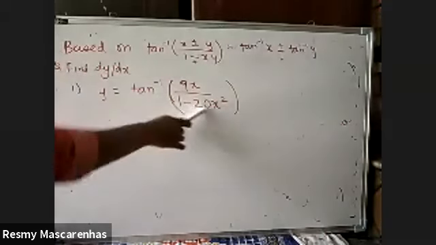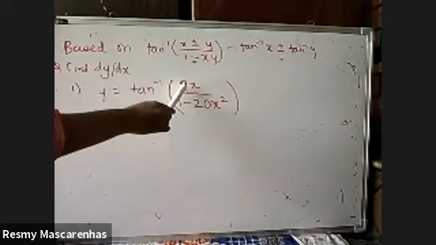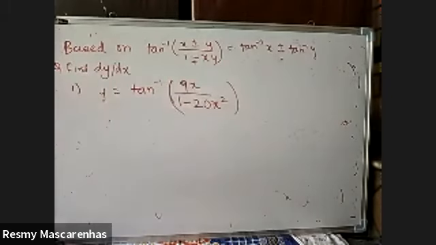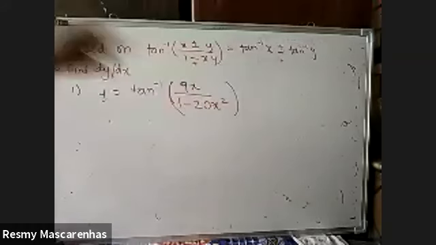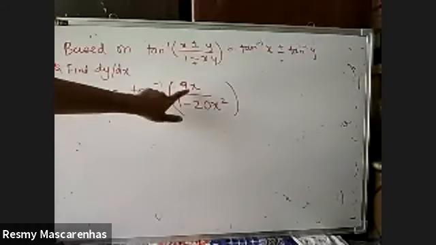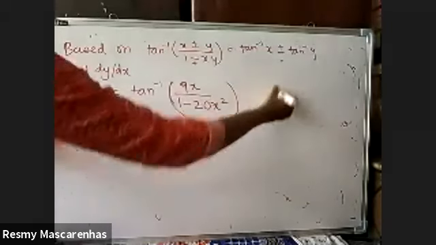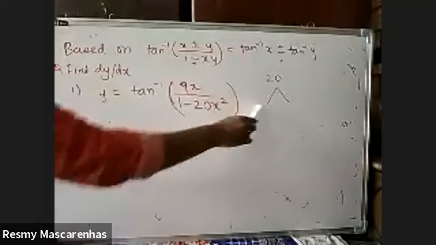Whenever there are some numbers included, you will know that it will fall in this category. So I have to try to bring it in this form, x plus y upon 1 minus xy. But there's only one single term here. I have to split it as two terms in such a way that I find the values of x and y.